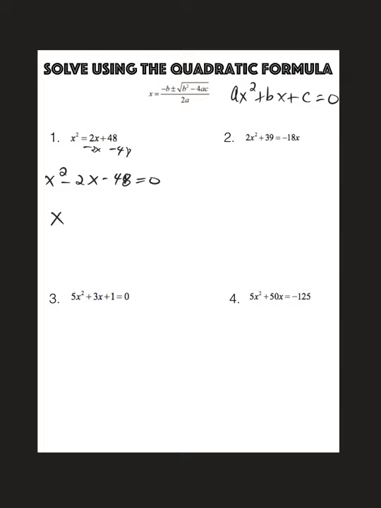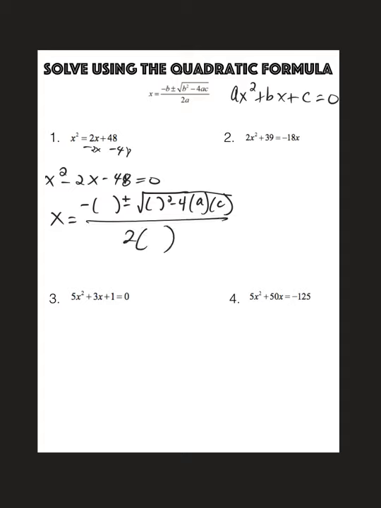So I'm going to put a set of parentheses inside my quadratic formula anywhere where I'm going to plug something in. To make things even easier, I'm going to identify what is going to be my a, my b, and my c.